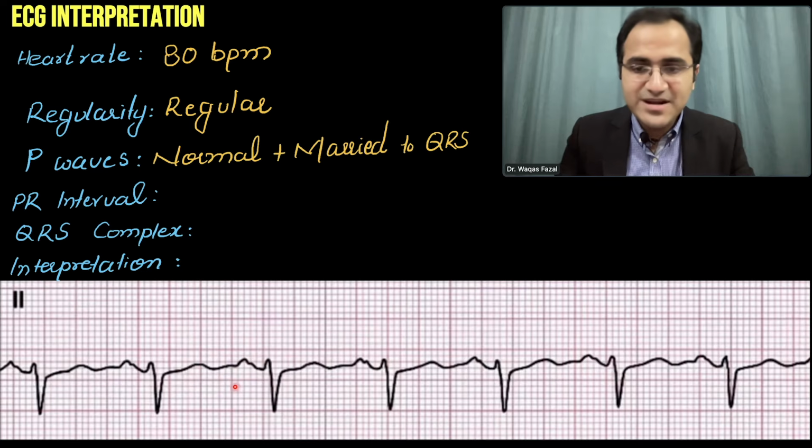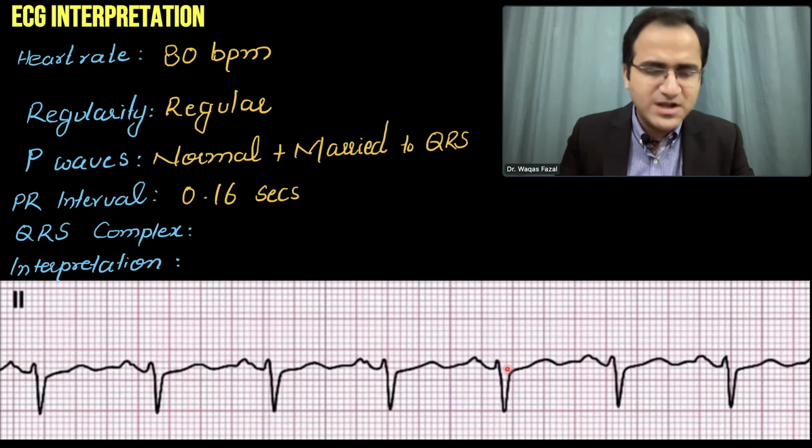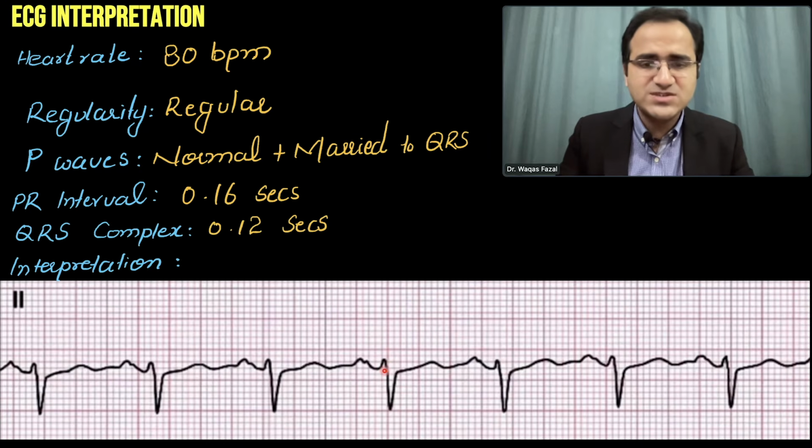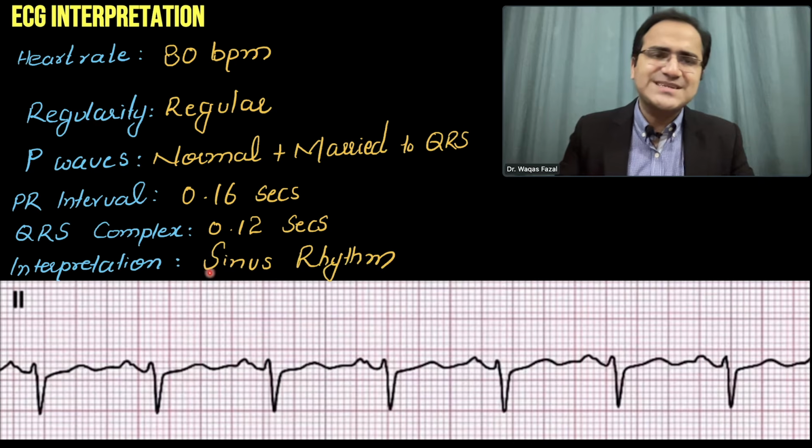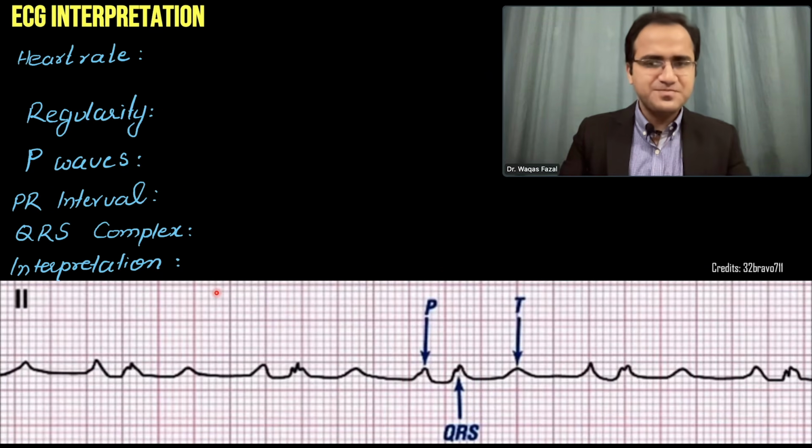Looking at the PR interval, 1, 2, 3, 4 small boxes. That's a normal PR interval, 3 to 5 small boxes. Looking at the QRS complexes, we have 1, 1.5 small boxes. So it's a narrow QRS complex with sharp points, 0.12 seconds wide. The interpretation is that it is a sinus rhythm.